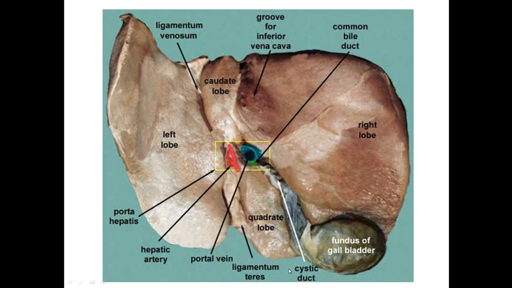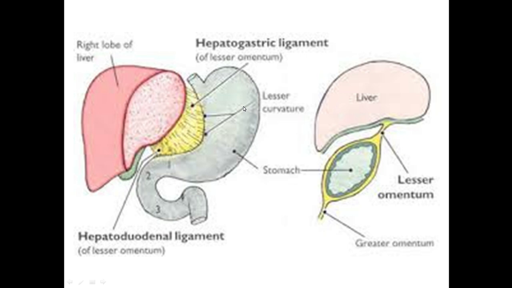Let's see once again. This is the slide showing you the porta hepatis. Here lies the groove for the inferior vena cava, which is also a bare area of the liver. We just talked about the lesser omentum.